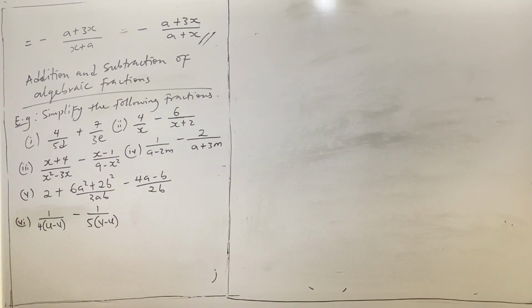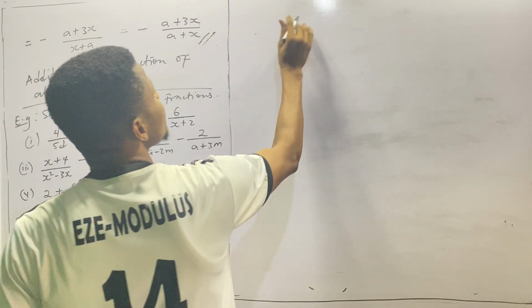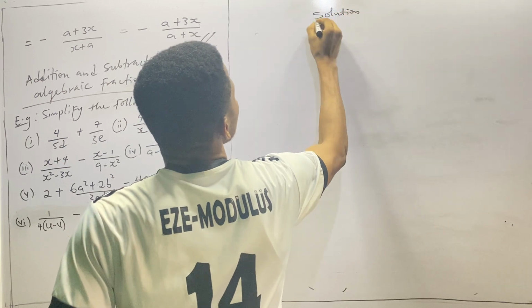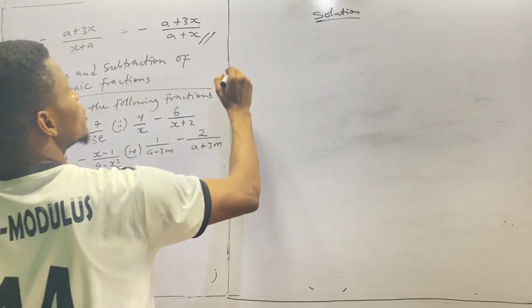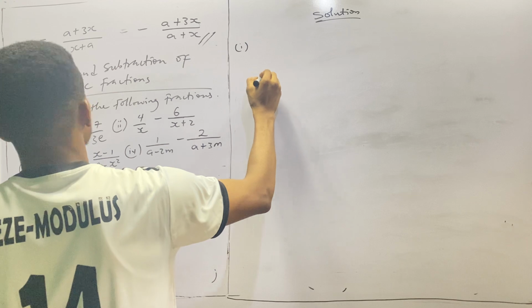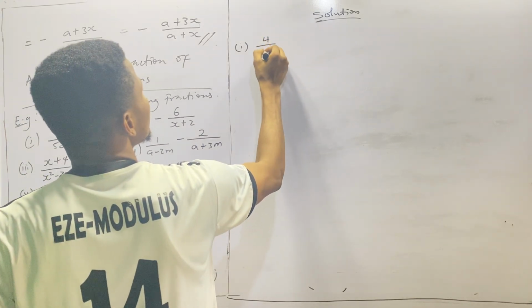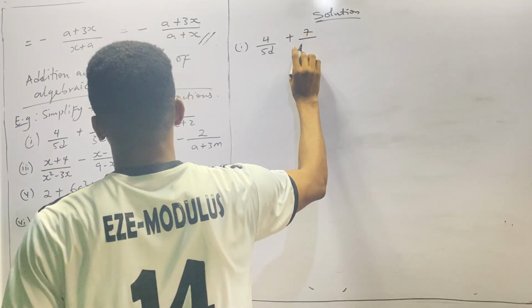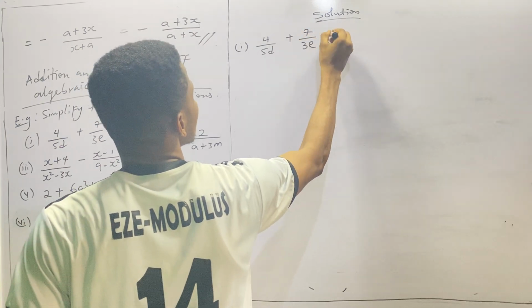So we start from the first one, I. So our first one here, I, is 4 over 5d plus 7 over 3e.